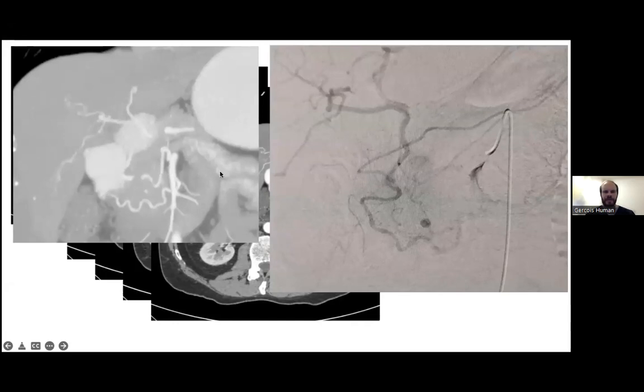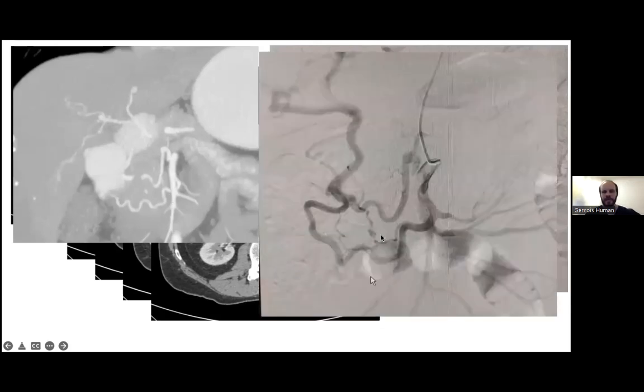to bring the imaging together. This is the celiac axis on top, and this is the first branch of the SMA. We are seeing the left hepatic and the right hepatic there, probably from retrograde filling, and then the dot in the middle, which is quite sinister, is a pseudoaneurysm.